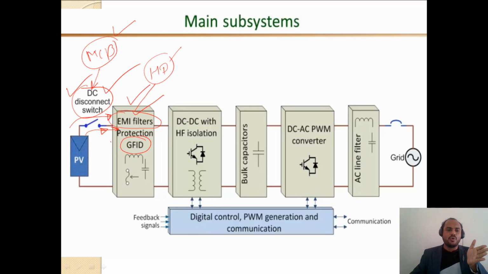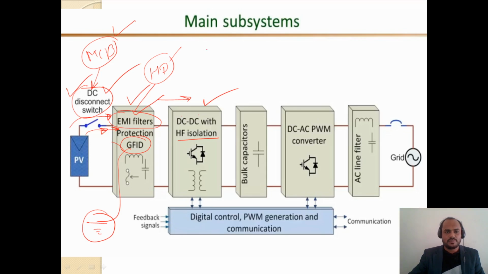If any over voltage or current is flowing inside the circuit, it will give a path directly to the ground. So it will protect our inverter from further damage. Further, the power is given to the DC to DC high frequency isolation converter.